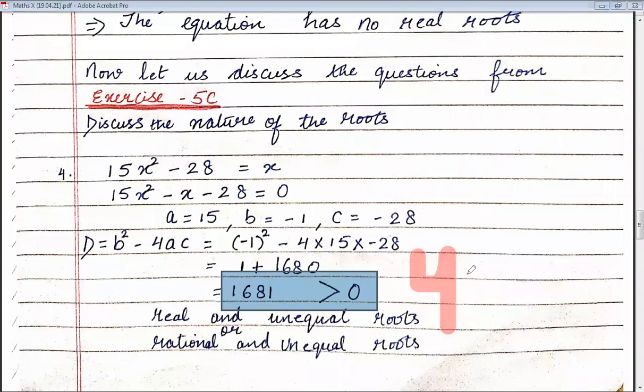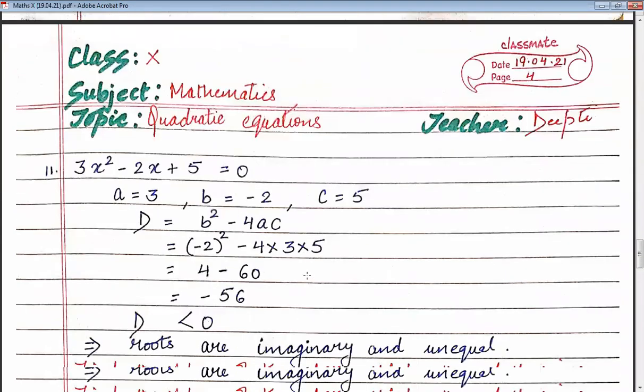So since the square root is 41 and a, b, c are all rational, it is going to have rational and unequal roots. Okay, because a, b, c are rational, the roots are also rational. Sorry, rational and unequal. Now let's move on to our 11th one.